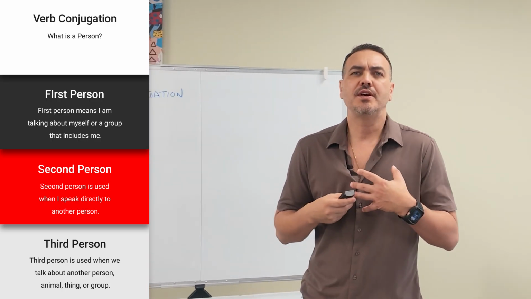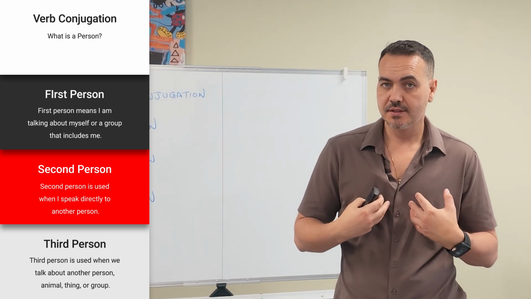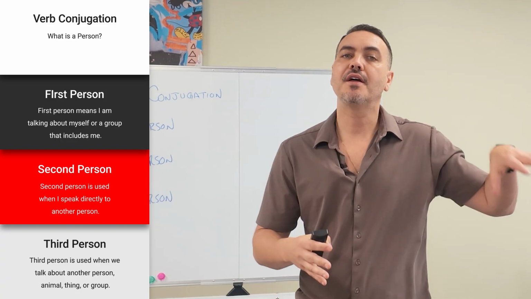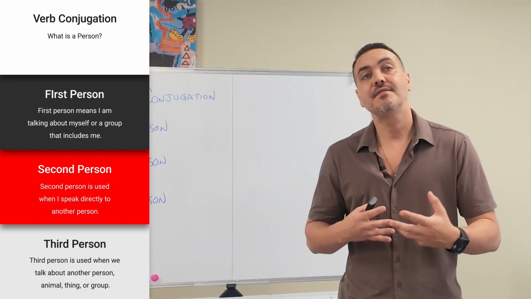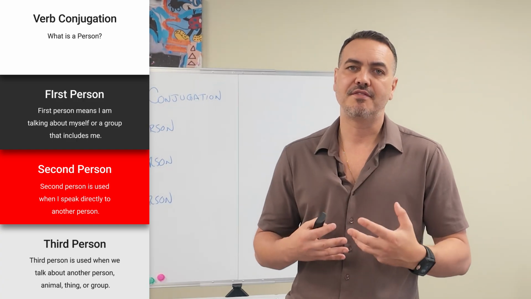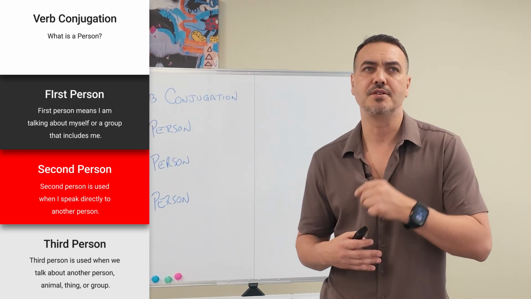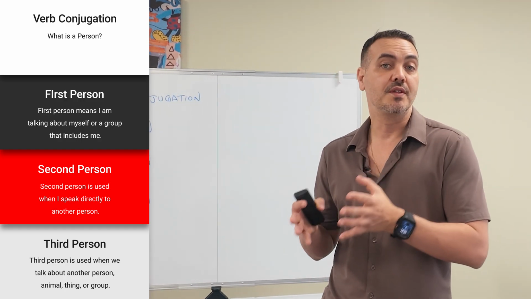In English, we use different persons to talk about ourselves, the person we are speaking to, and other people or things. By the end of this lesson, you're going to understand the difference between first person, second person, and third person, and you're going to know how to use verbs correctly with each one.